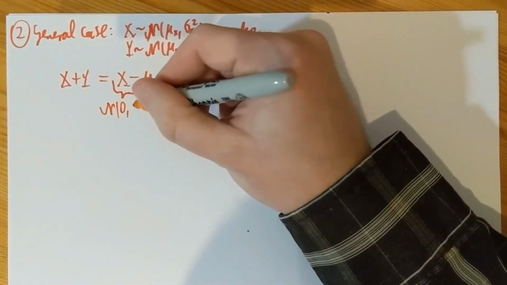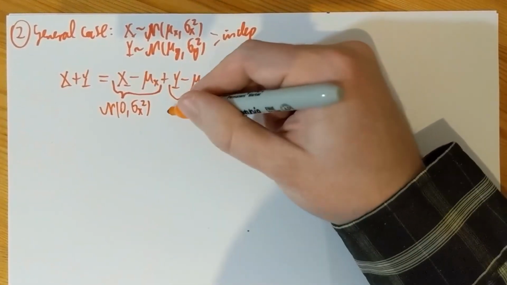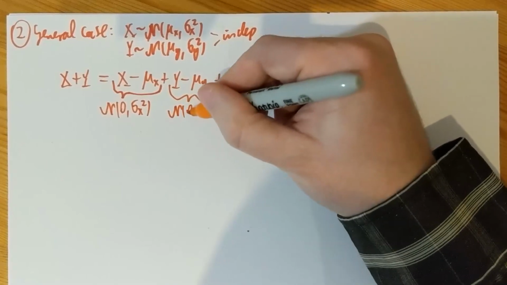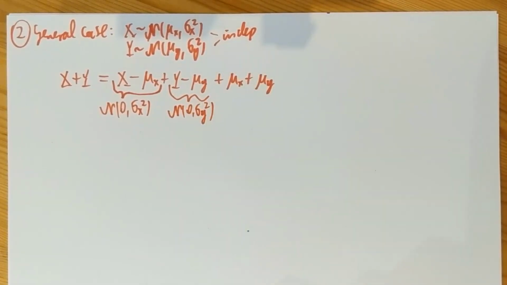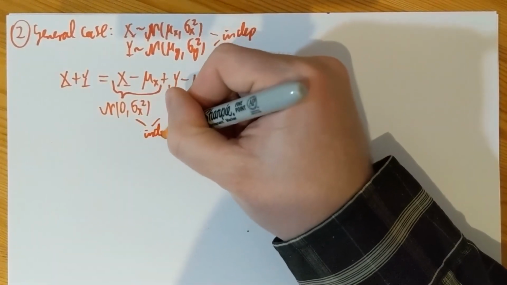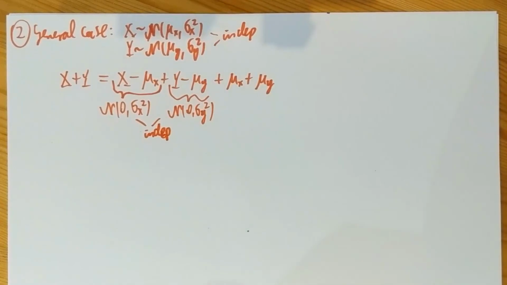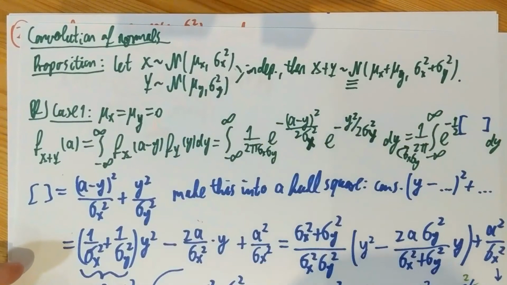So it's normal with mean 0, variance sigma x square. Y minus mu y is still normal, but its mean is now 0. And the variance is sigma y square. And of course, if x and y were independent, then these guys are still independent.